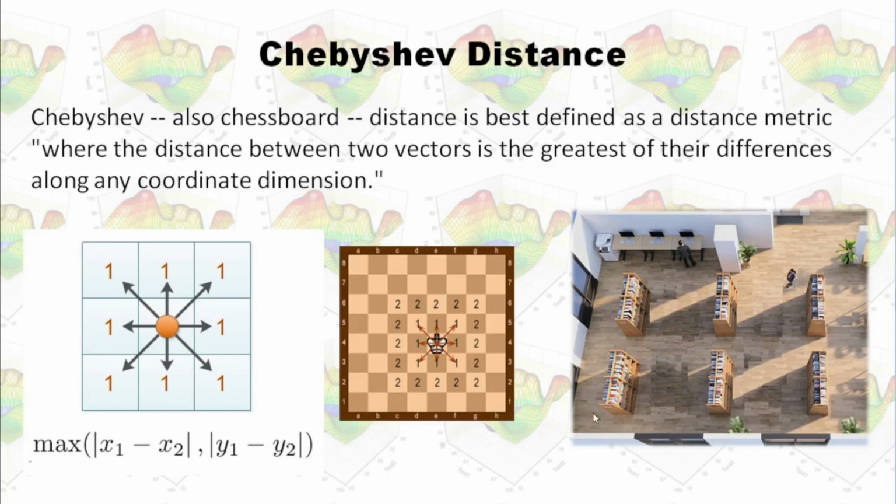If you are standing here, you can either go this way, 1 block, 2 block, or you go this way, 1 block, 2 block, in order to find your friend. So Chebyshev distance is similar to this one. This is just like on the chessboard. If you want to do a checkmate, you can either do this way or do that way.